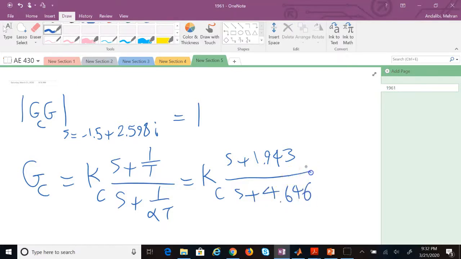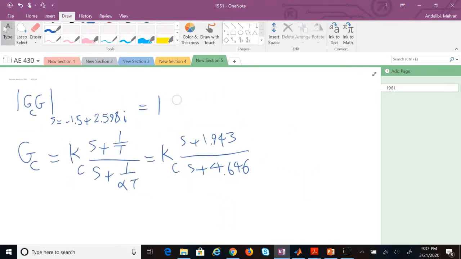This is GC. And what was G? G, if you remember, was 10 divided by S times S plus 1. So I plug this complex number into G and into GC, and it gives me a big complex number with Kc as just a scalar in it.